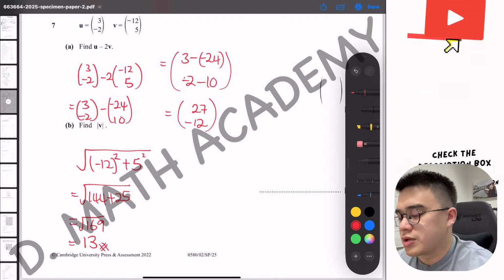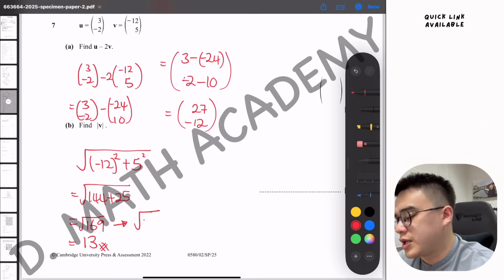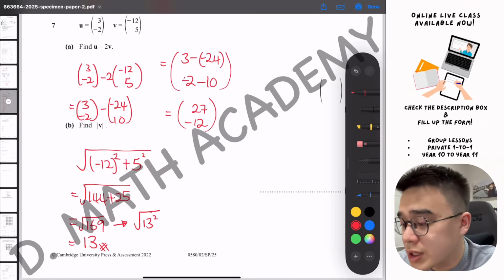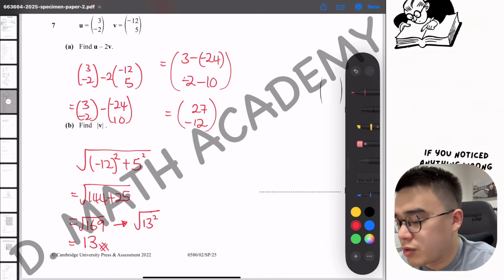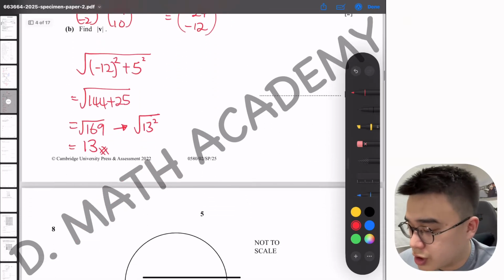So the so-called list that I'm yapping about here is actually 13 squared. It's a squared number. Okay, one of the more common ones where if you do enough practice, it actually sticks in your mind. So this is one of those questions.